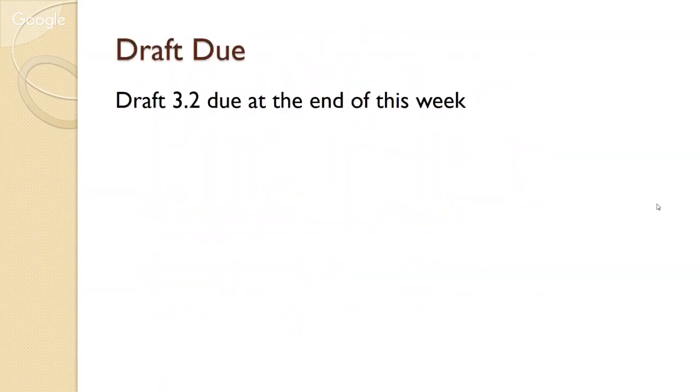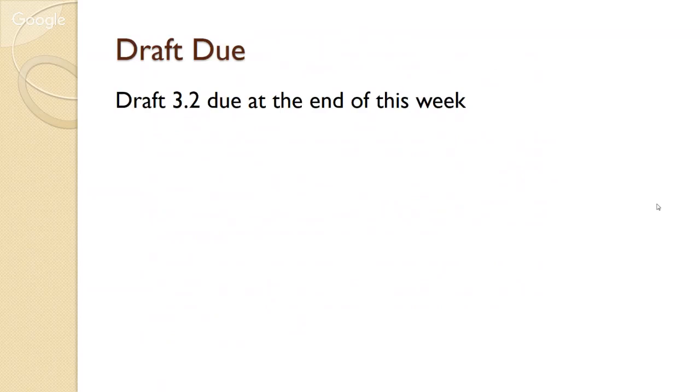Okay, so that's it for this week. As with the previous lessons on revision and editing, you are now responsible for that information and those skills. So I am incorporating sentence errors into the grading of your papers, along with the punctuation and word errors.